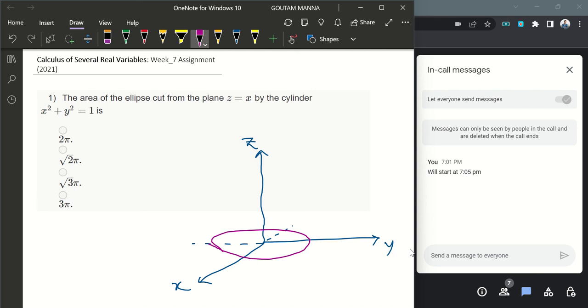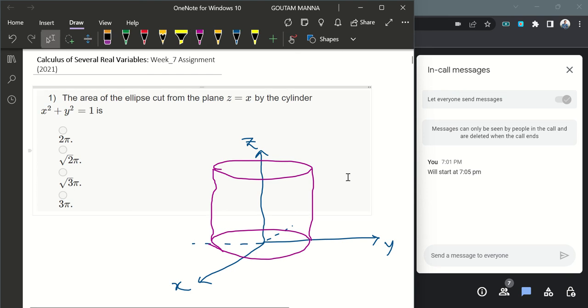So let's say this is our cylinder and the plane is z equals x.